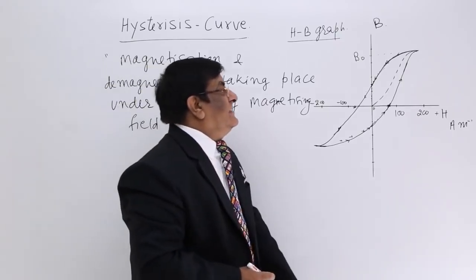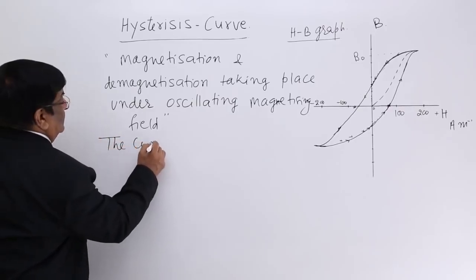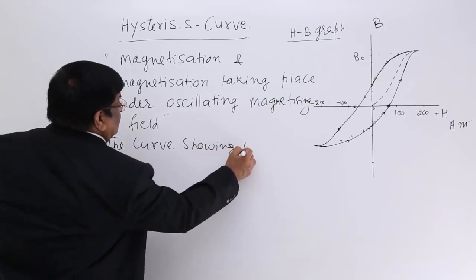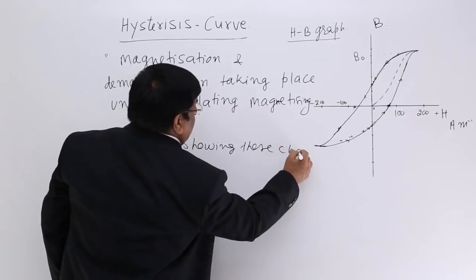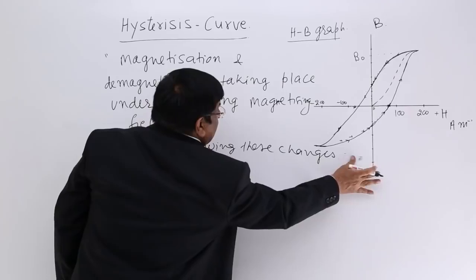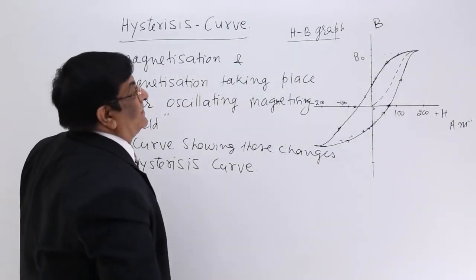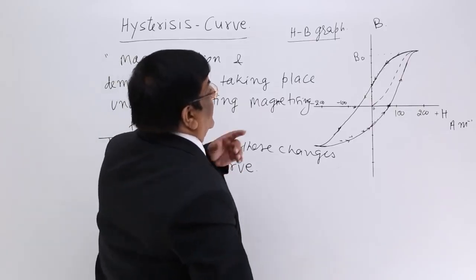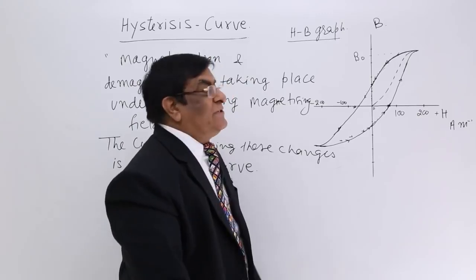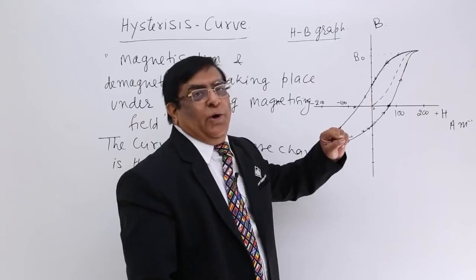Now, in this hysteresis curve, the curve showing these changes is the hysteresis curve. Okay. So this is the hysteresis curve. Now the specialty of this hysteresis curve, first a few important points.